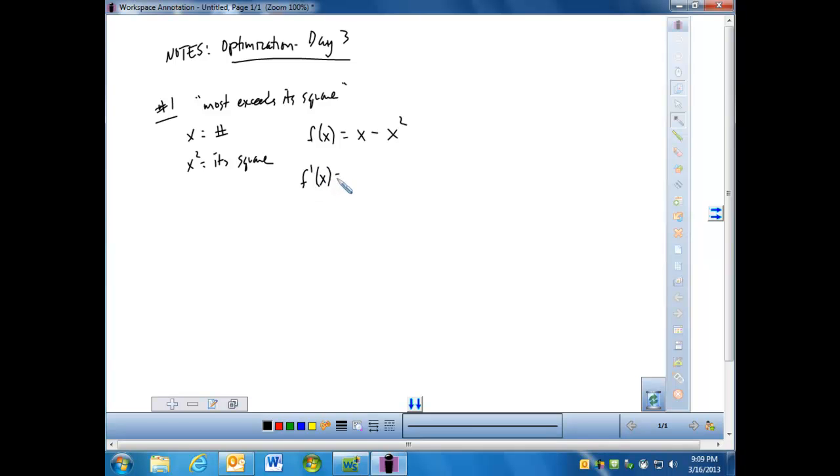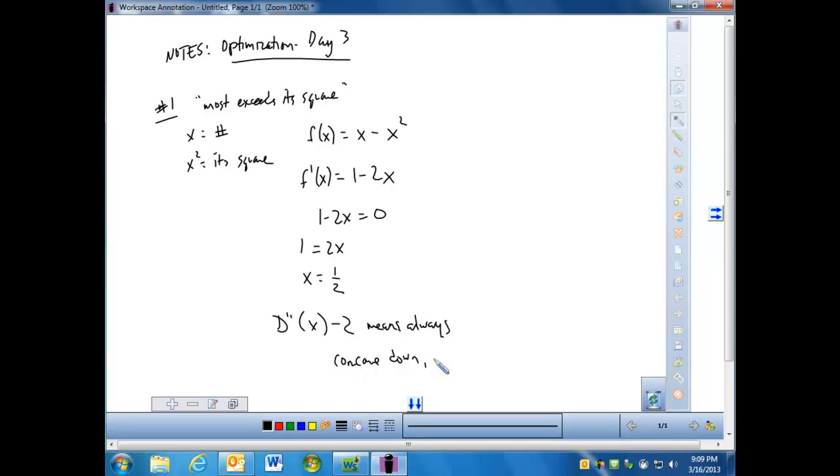So I find the first derivative of that function, which is 1 minus 2x. Setting it equal to 0, I only get one solution for that, and that solution is 1/2. Again, even though I have one solution, I better verify that that actually is a maximum as opposed to a min. And the second derivative is -2.